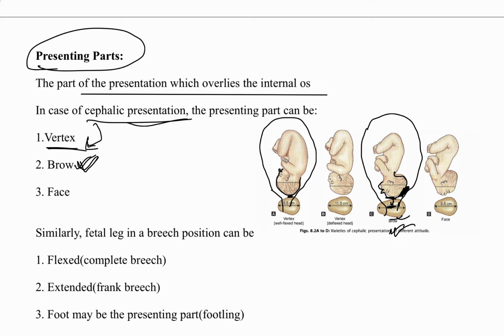And in some rare cases, like in this last picture, the head might be so deflexed that the face may overlie the internal os. And here the presentation is obviously cephalic presentation because the head is occupying the lower pole of the uterus. But as the face is overlying the internal os of the uterus, the presenting part here will be face.